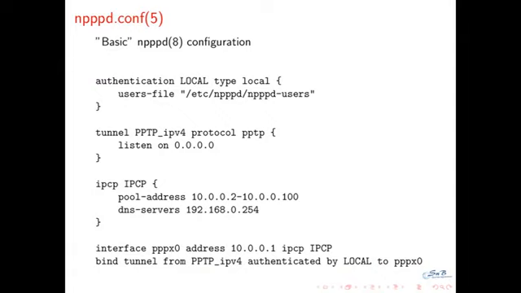This is a simple configuration. We have an authentication using the local user file, definition of the protocol and the bind of the interface you will listen on, and then the IPCP parameters like pool address, DNS server, and WINS server, and all the stuff you want. And then you bind the interface you will use, or in this case, you will use the pppx interface.